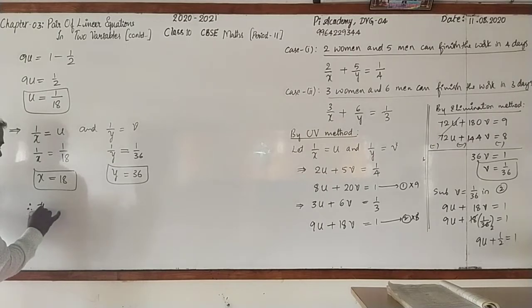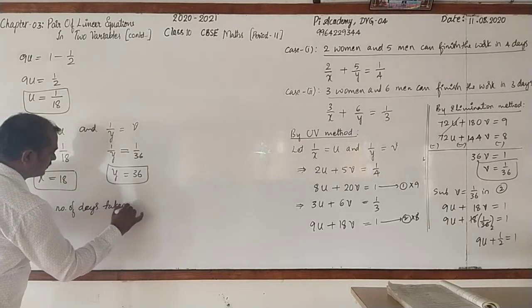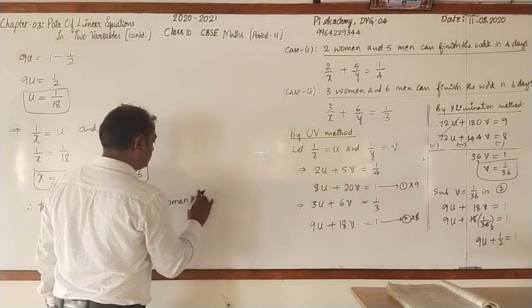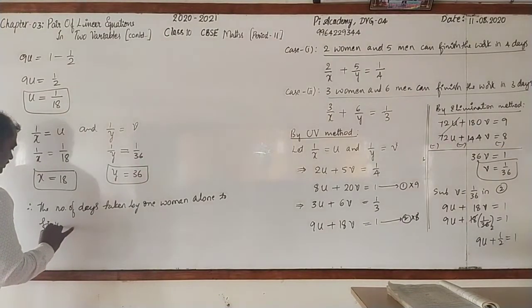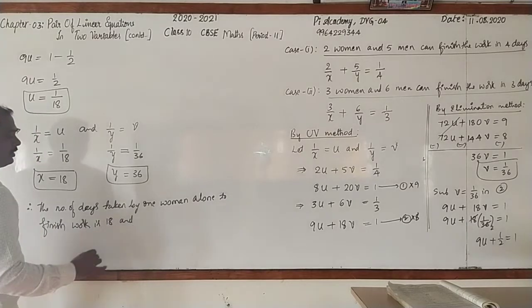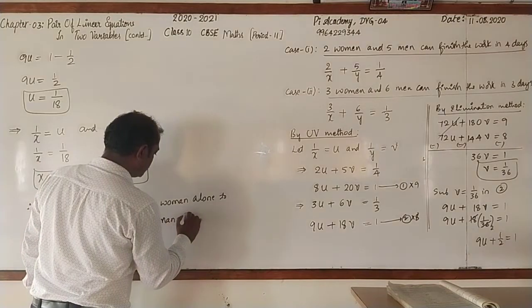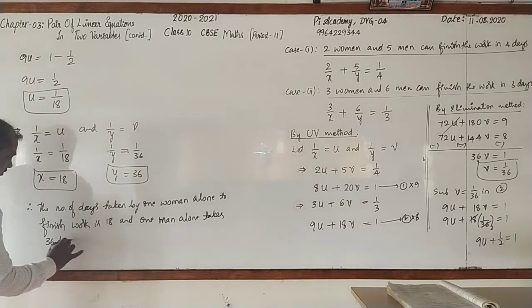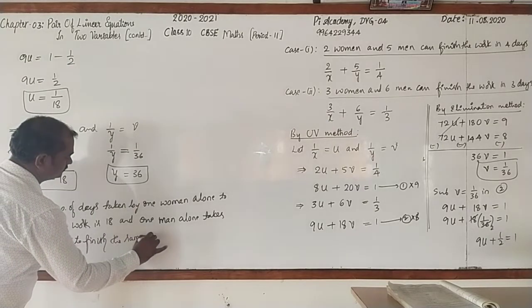Here I write. Therefore, the number of days taken by one woman alone to finish the work is 18, and one man alone takes 36 days to finish the same work.